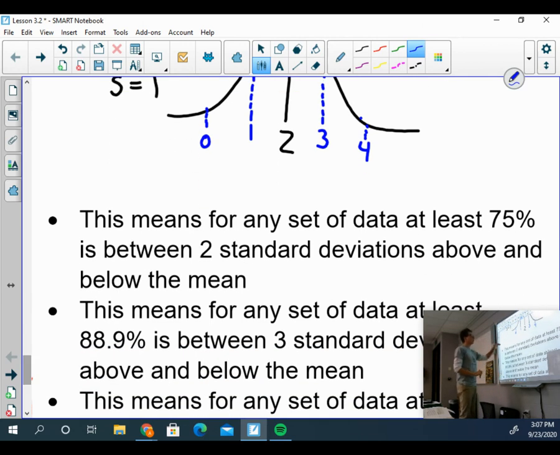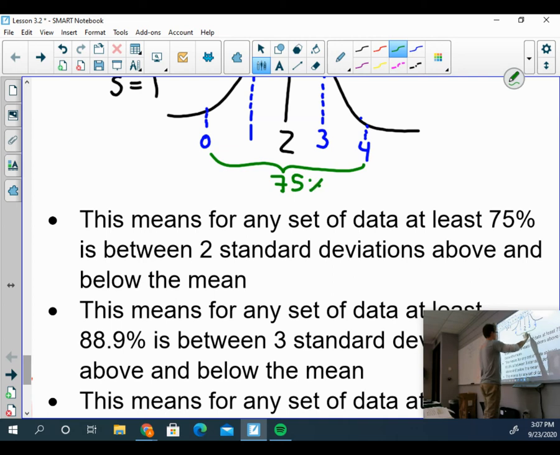This means for any set of data, that means at least 75% of the data is between 2 above and 2 below the mean.